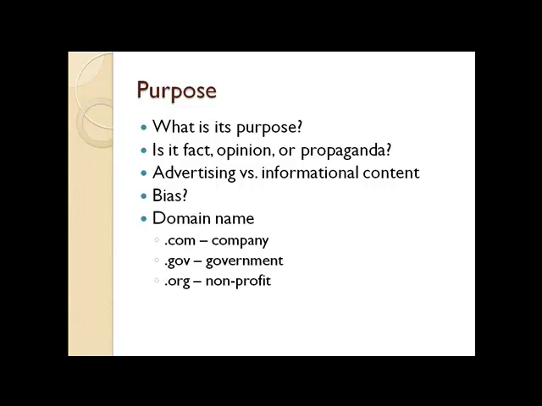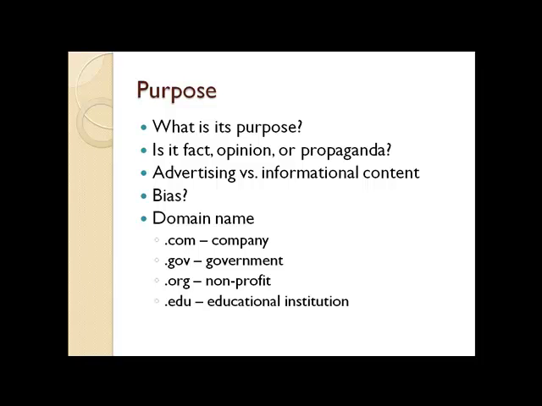A .org website means it's a nonprofit organization. Most students think that that means, okay, that's fine, that means they're perfectly trustworthy for my research. This is not always the case, because just like there are wonderful nonprofit agencies out there, there are other organizations out there that might feed you incorrect information to get you to agree with them, but don't make a profit at it. So that still makes them a nonprofit organization.